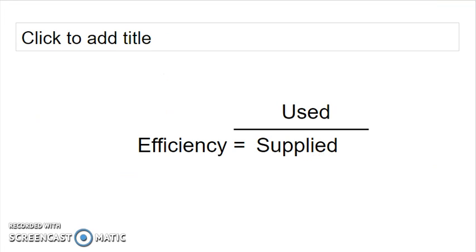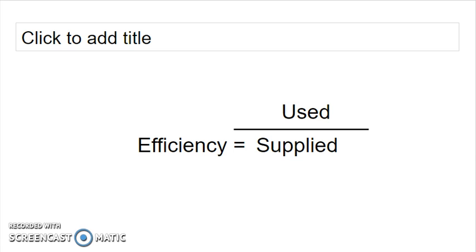The last equation that we looked at in this class was efficiency. So how well something is able to convert energy from one source to another. So the energy supplied to the energy used, or the power supplied to the power being used. I used the metaphor of the bike for this example.